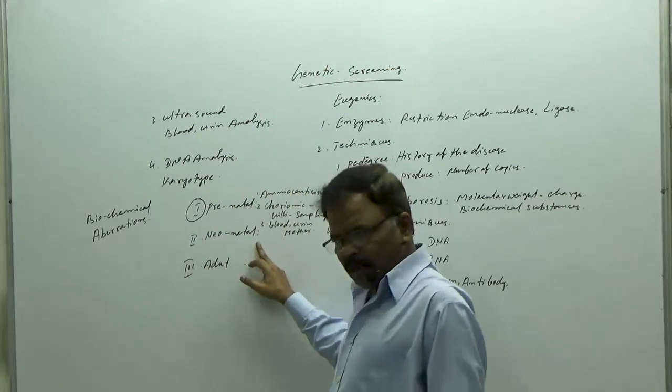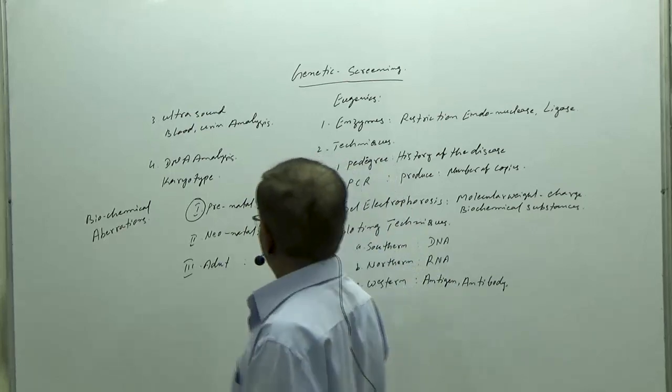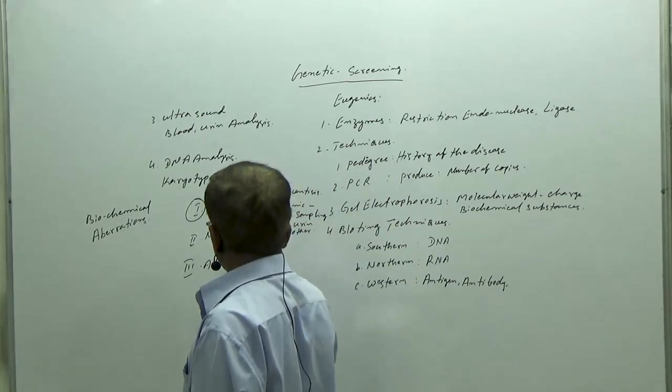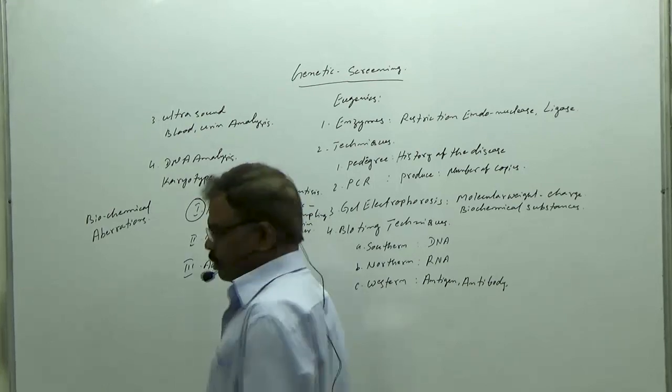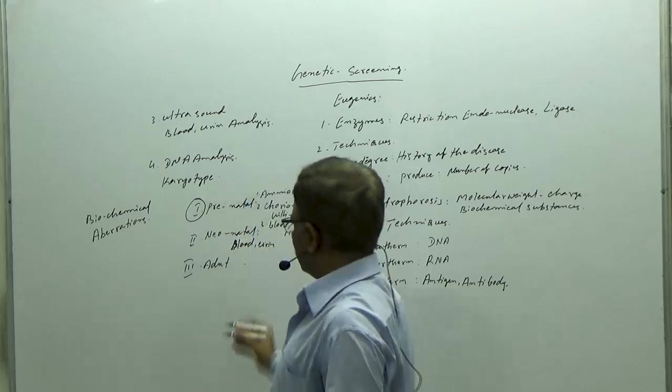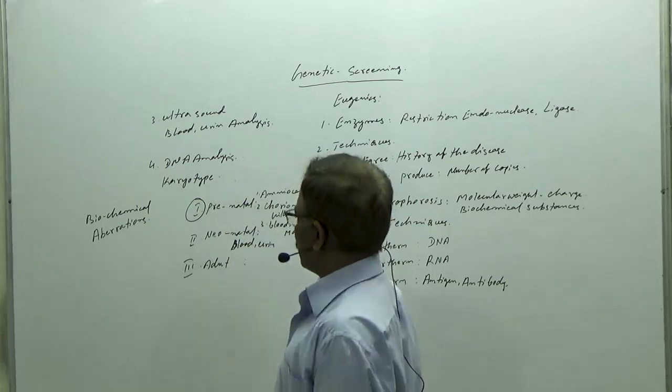Then in neonatal, immediately after birth, again they collect the blood sample or urine sample of the baby itself, then they analyze the DNA or karyotype.